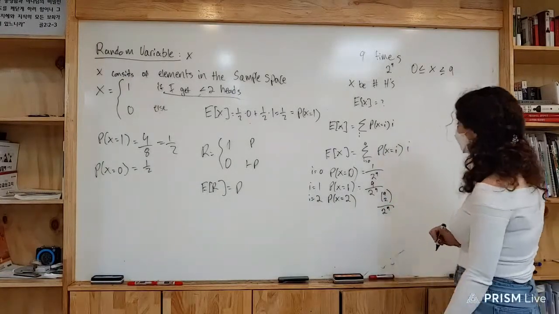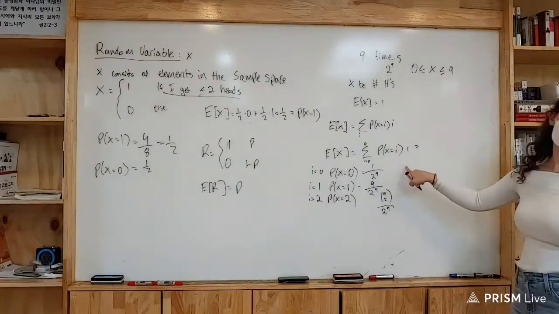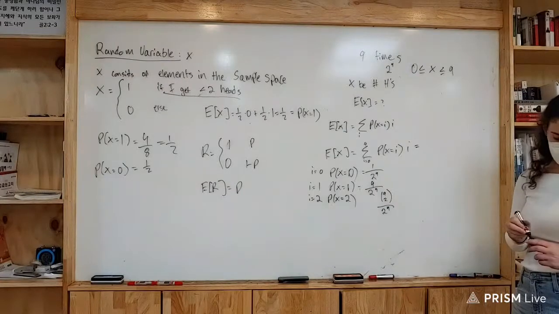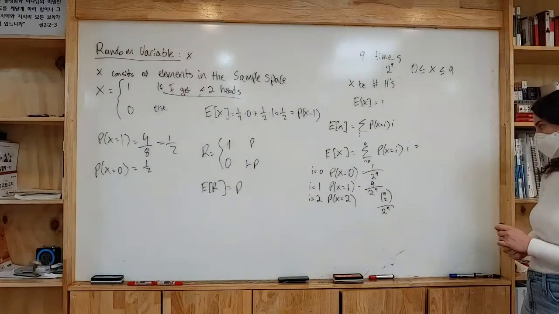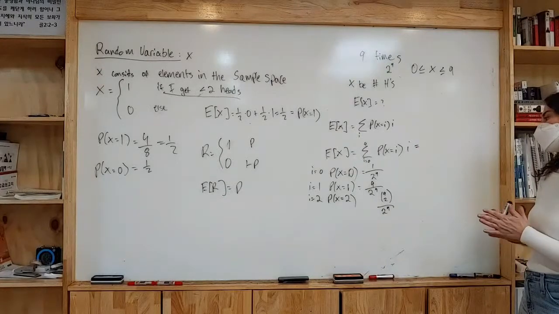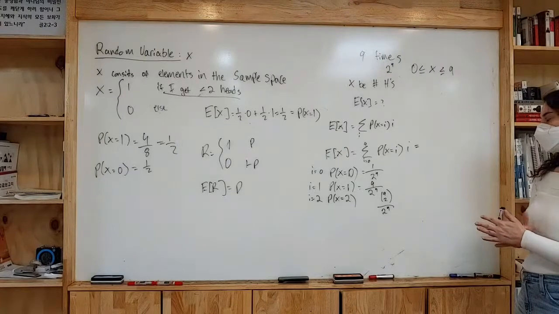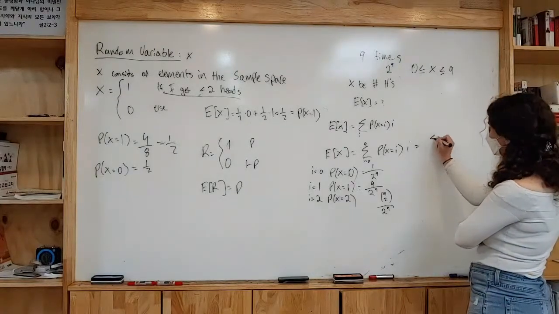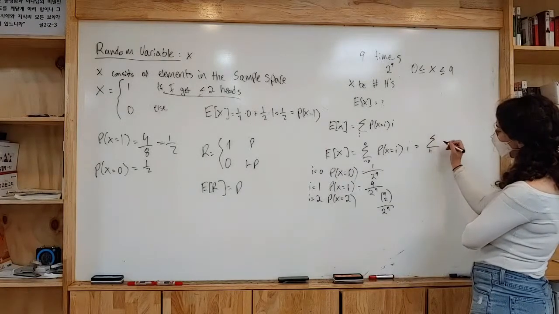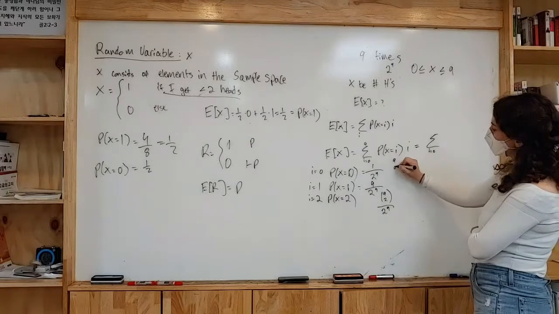Okay. So, now that we've done this, can anybody give me a simpler expression for this? Yeah, we can say that this is the sum from I equals 0, because remember, this is 9 choose 0, right?